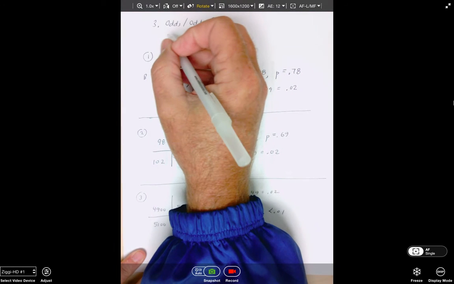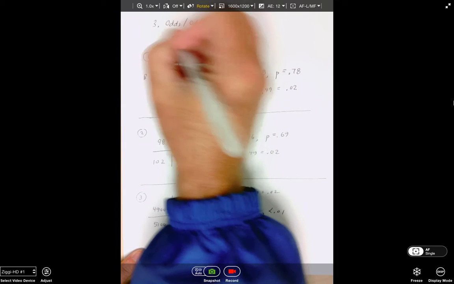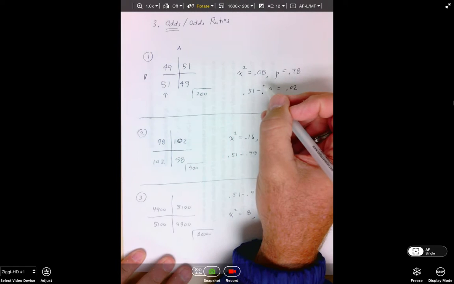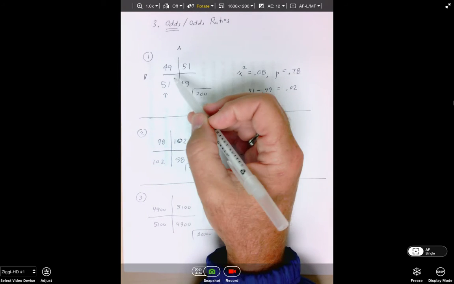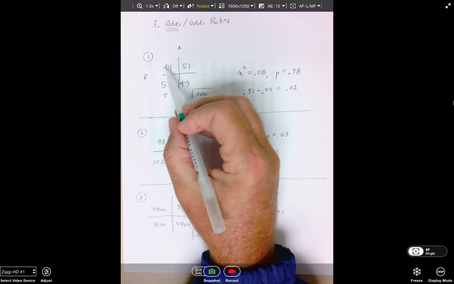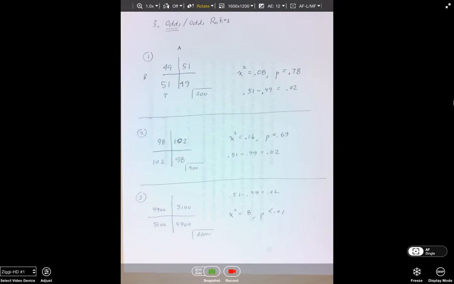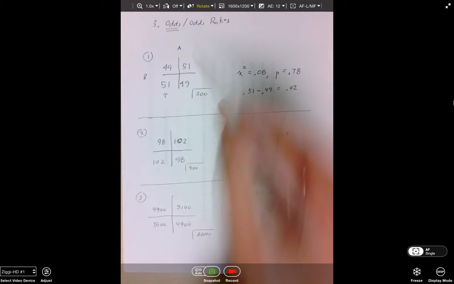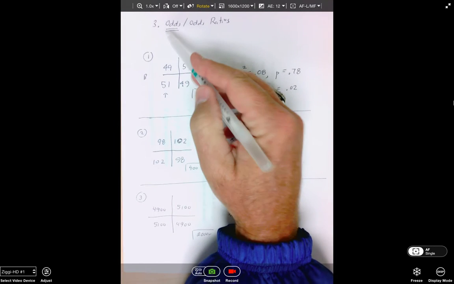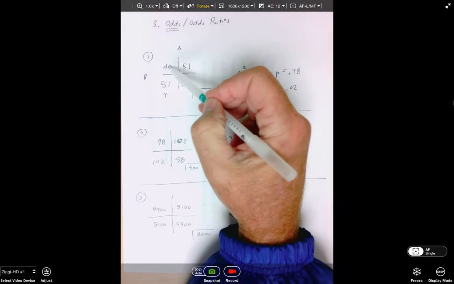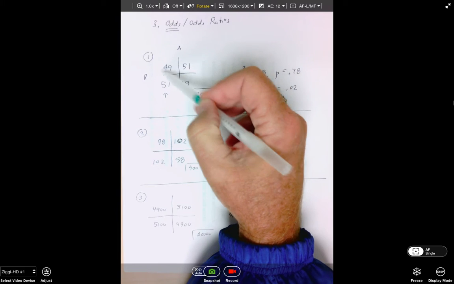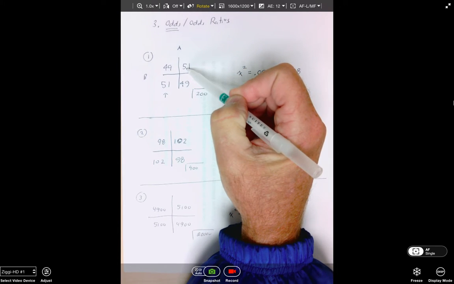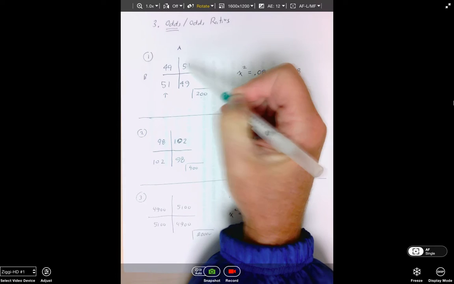Now, the odds and odds ratio are very easy to find. What we can do here is the odds, if we just look across here, would be 49 over 51. I don't need to go through that at the graduate level, but odds versus probability is just the number of, let's just call it successes, quote unquote, versus the number of non-successes.